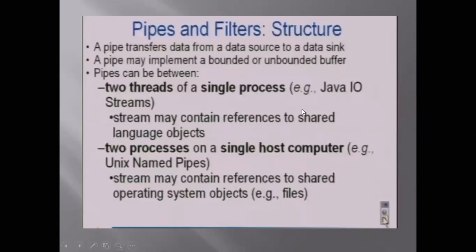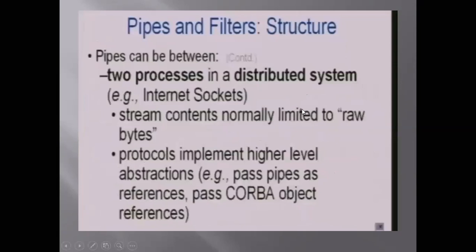And the third type we will see is pipes between two processes in a distributed system. When two processes are located in two different places in a distributed environment, pipes can exist between them as well.